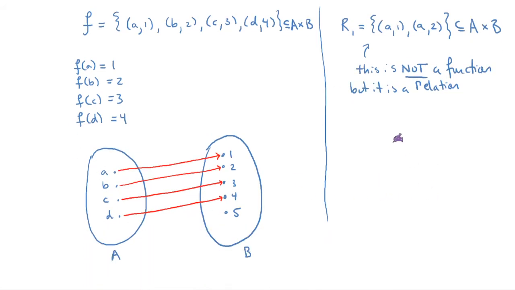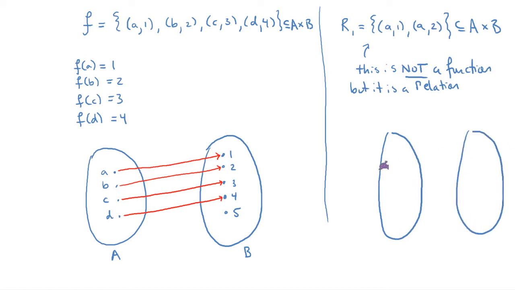Maybe I can illustrate this a little better if we draw the arrow diagram for this one. You would start out with the same idea: A, B, C, D, and 1, 2, 3, 4, 5. Then for my arrows, I have a pair A1 here, but then I also have a pair A2.